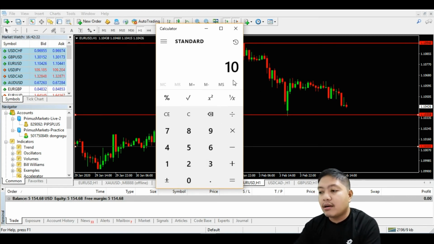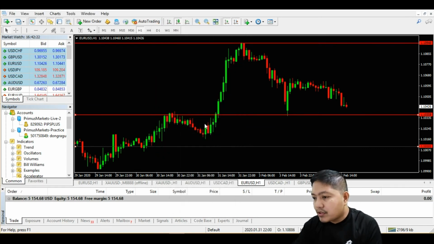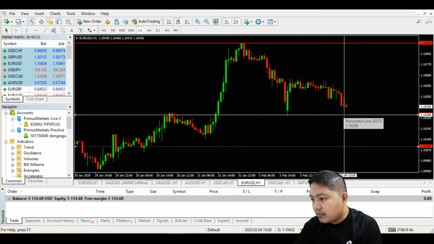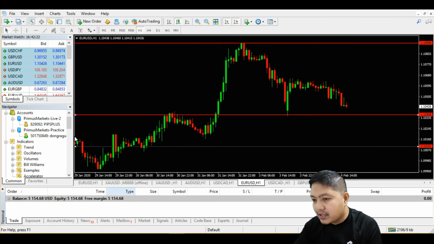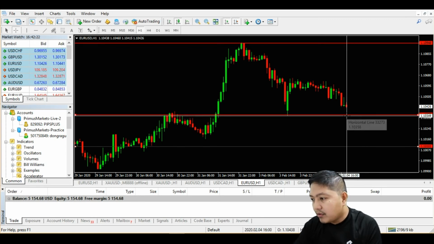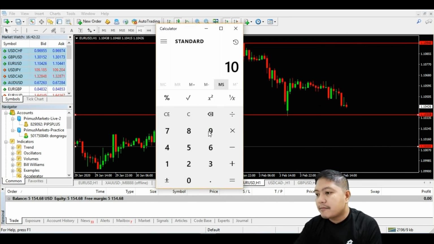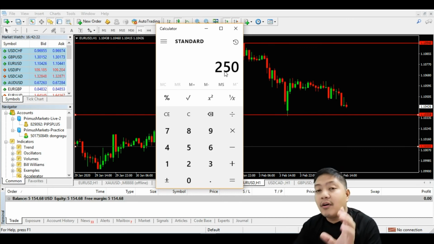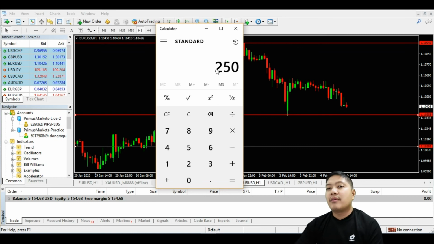So on my stop loss, if I'm willing to lose 2% of my account, that is about 25 pips, multiplied by 10, which is equivalent to $250. So that is the possible loss on my calculation, based on my account here.